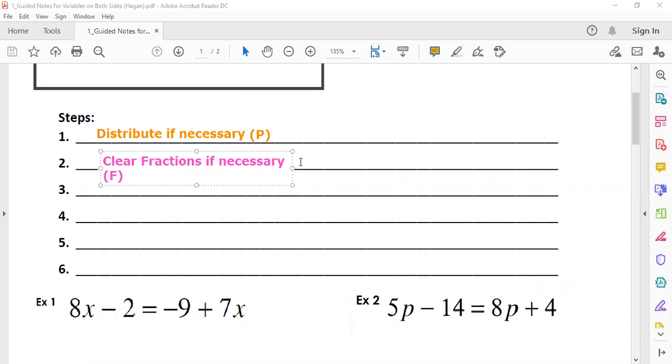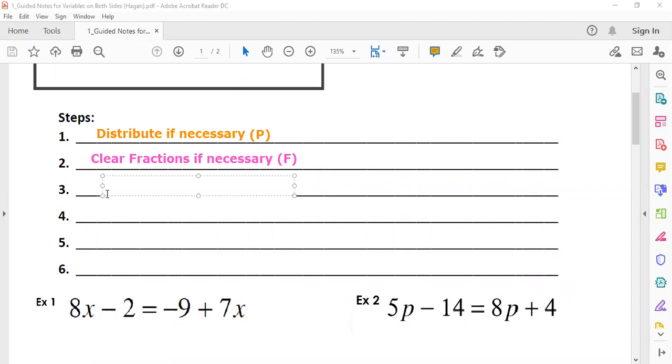All right, so it's the same steps we've been talking about for almost 2 weeks now. Now we're just looking at how we are using them all together. So step 3 is combine like terms on the same side. So this is L. And then step 4 is the big one.